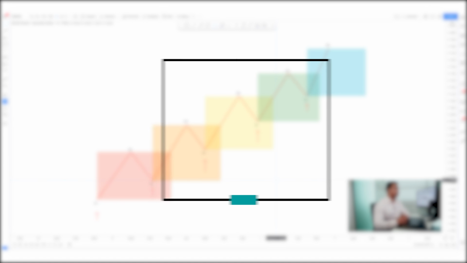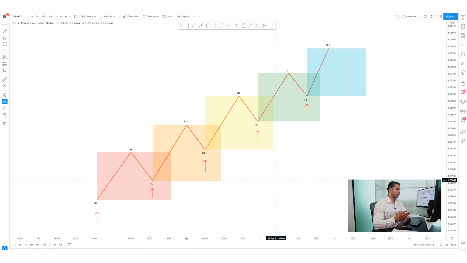It works, it's very powerful, and you can use it in many different ways. But today I'm going to share an example of how we can use it with trading our stop loss and taking advantage of ranges in the market.